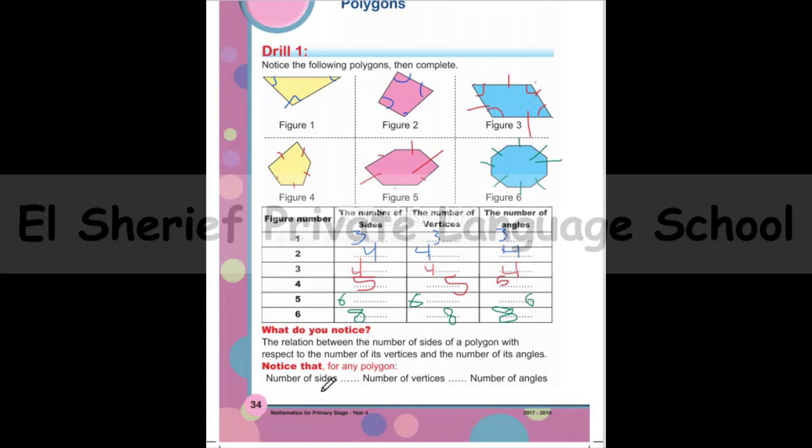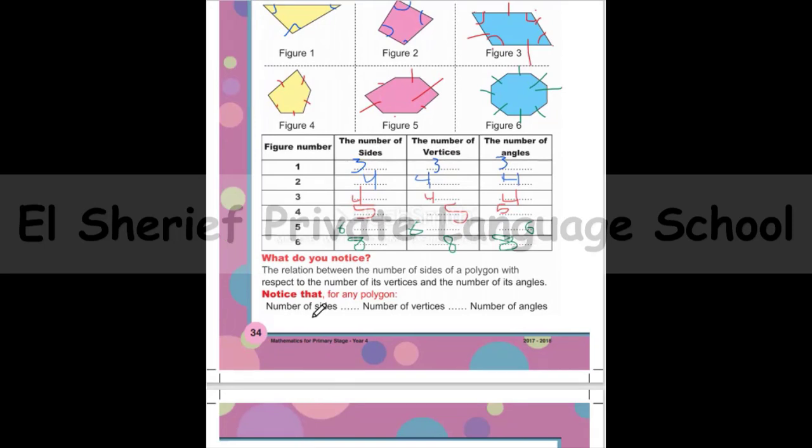So we can complete: number of sides, number of vertices, number of angles. Can we put greater than, less than, equals, or what? So we can put an equal sign like that.